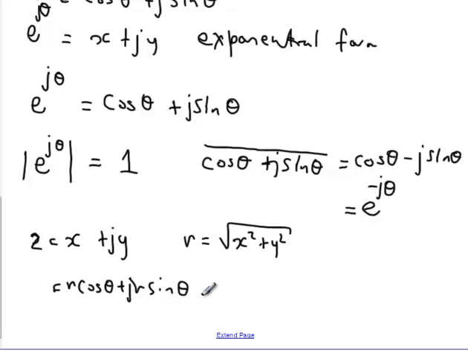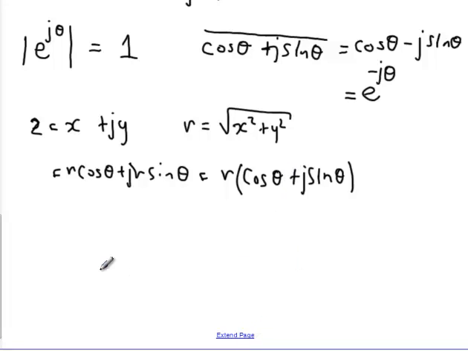Then we can factorize r and put r here and say cos theta plus j sine theta. What is inside here?